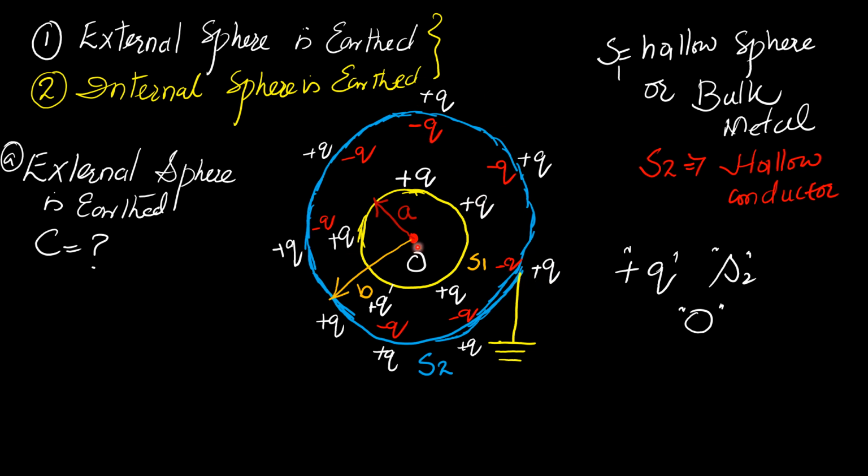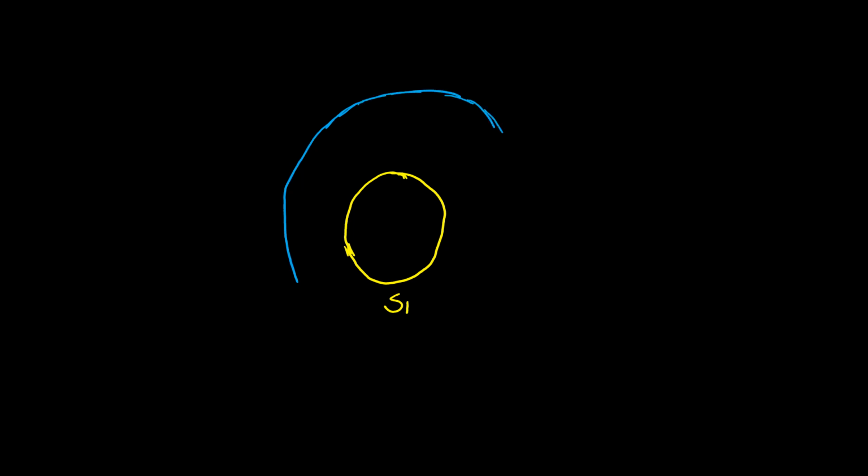So this diagram will become, let me redraw the same diagram again. Please keep in mind that it is quite difficult to redraw it. Suppose that this is plate S1, and suppose this is another spherical plate, which is present outside of this plate S1, and this plate is S2.